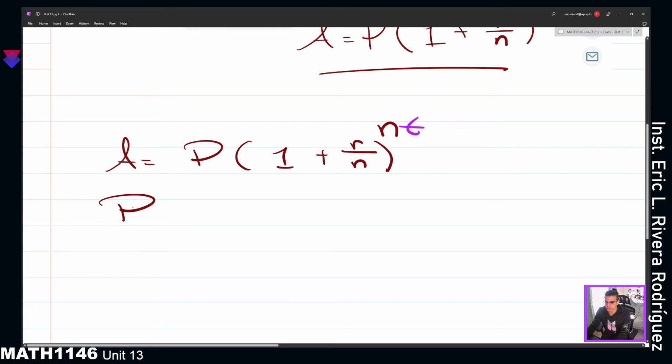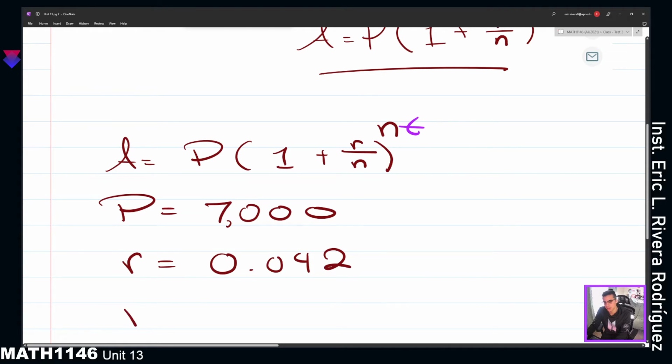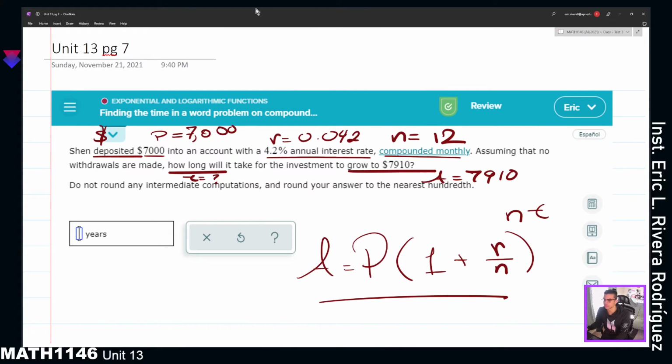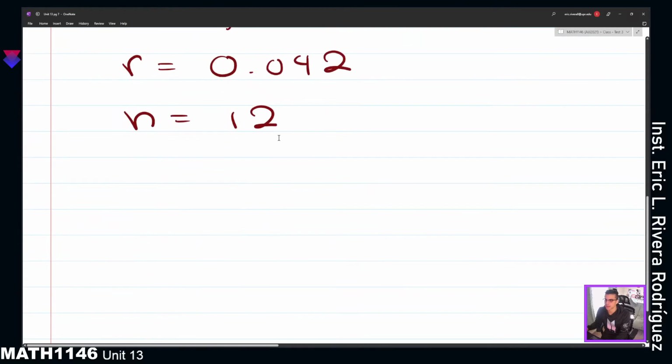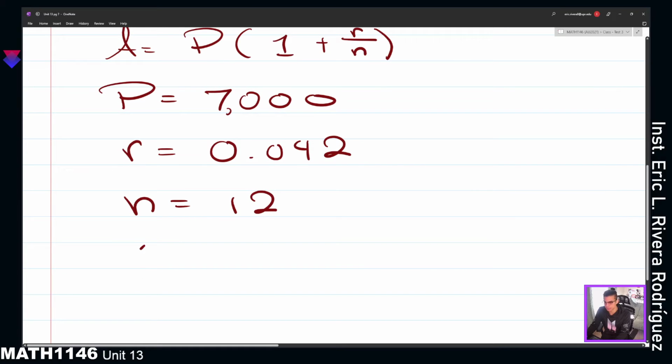We got that the principal is 7,000, that the interest rate is 0.042, that the value of n is 12. And the unknown variable, like I mentioned, is t.